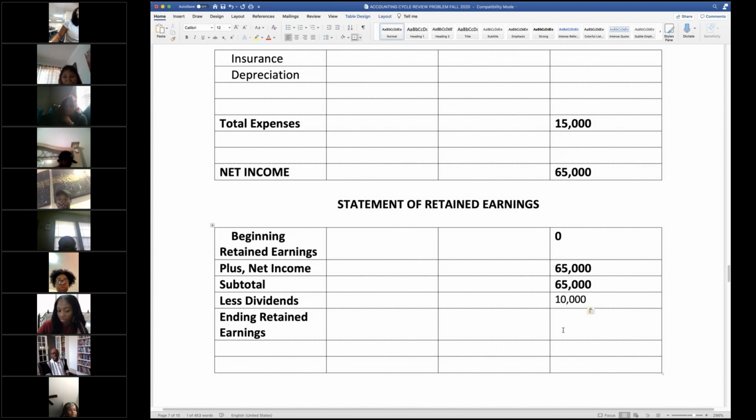Then we're going to go up here to the trial balance and get the dividend. And so the ending retained earnings is going to be what? You're going to subtract. 55,000? Right. So what this says is that you made 65, you paid the owners 10, and you left 55 in the business.